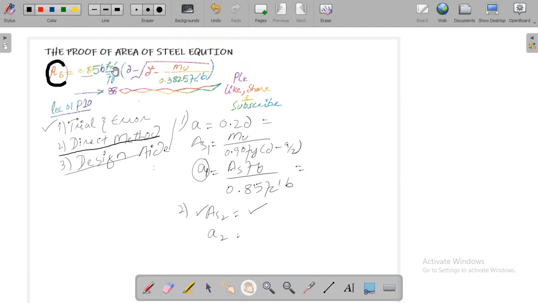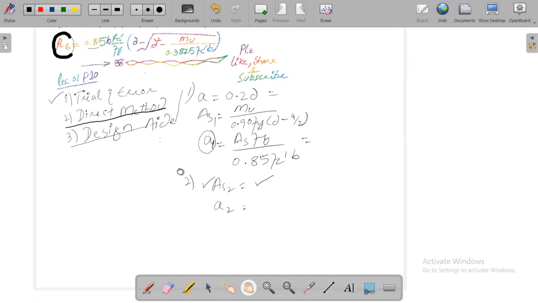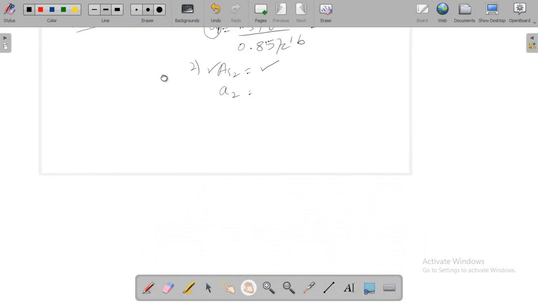So let us prove this equation, how we get this equation, because most of the time students ask for the derivation of this equation, and even most teachers do not know the derivation. Okay, so let us start and derive this equation.